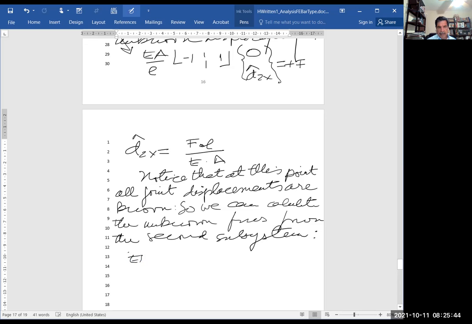So we have EA over L times 1 minus 1, 0, and d2, we know this, it's going to be FL divided by EA. And on the right, that's F1X.